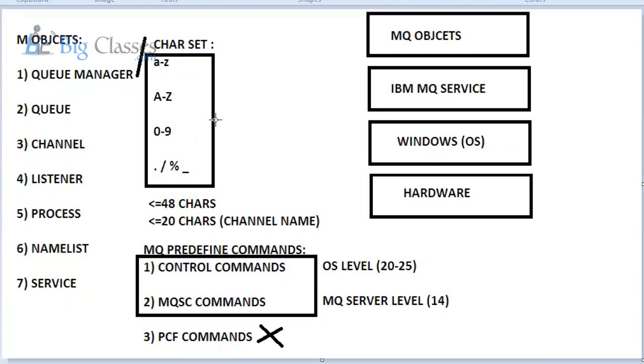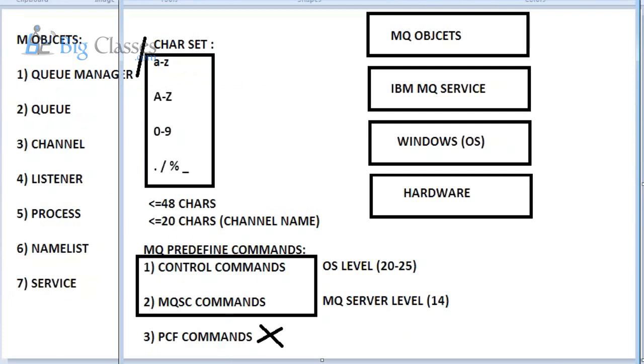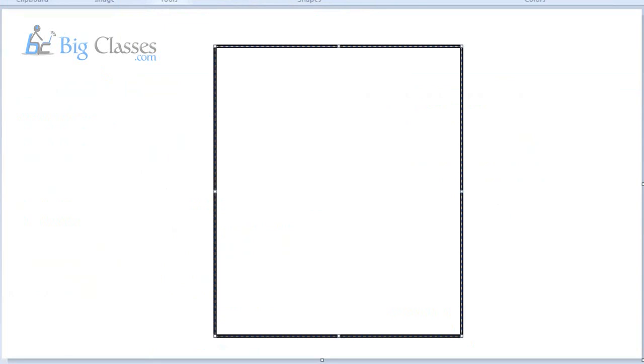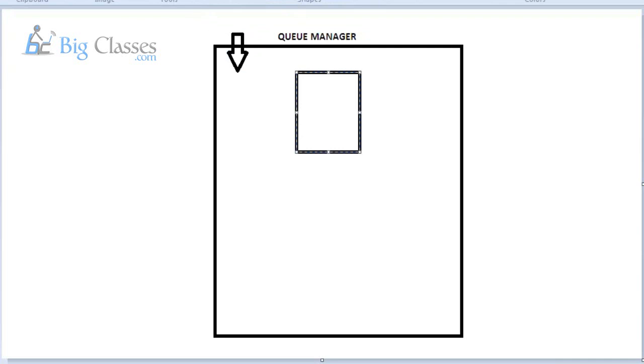See here, what I will do: I create Queue Manager. It is the topmost object in MQ series. Now, in this Queue Manager's control, I can create queue or queues.